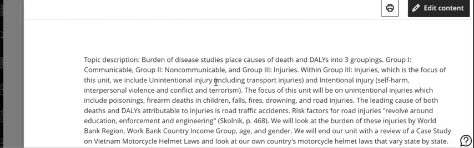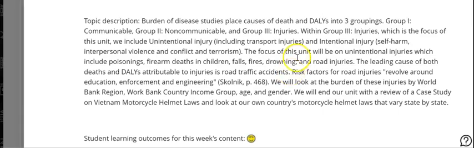The leading cause of both deaths and DALYs attributable to injuries is road traffic accidents. So risk factors for road injuries, according to our author, revolve around education, enforcement, and engineering.